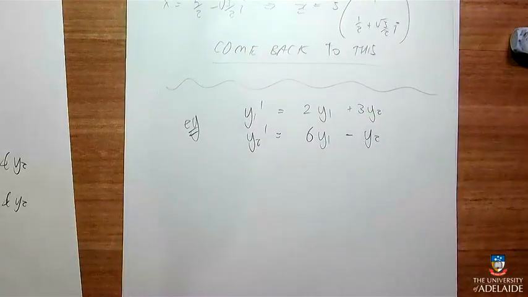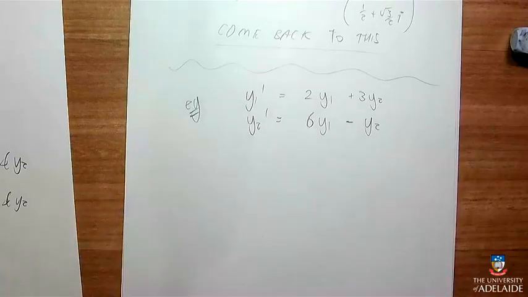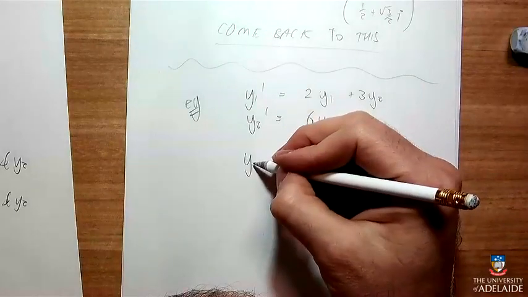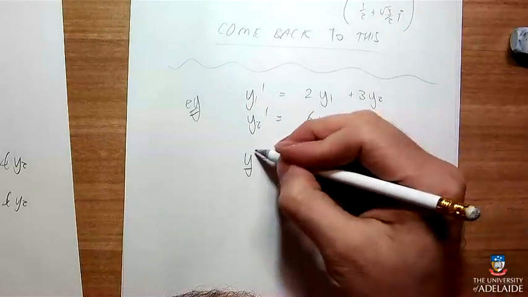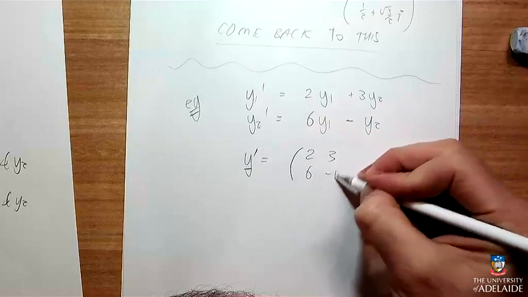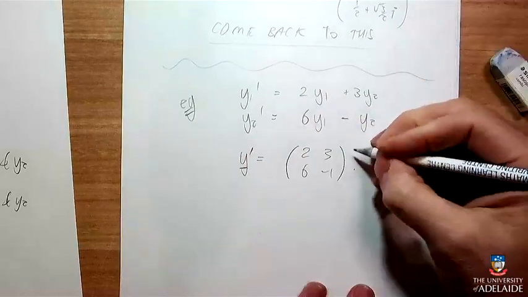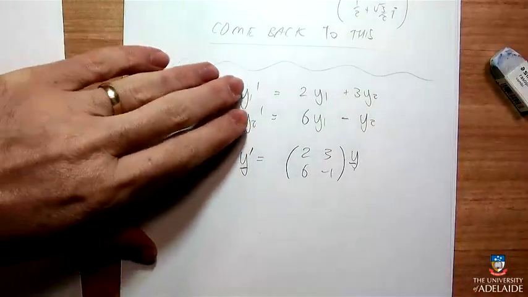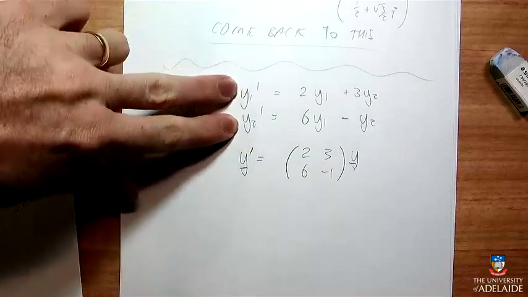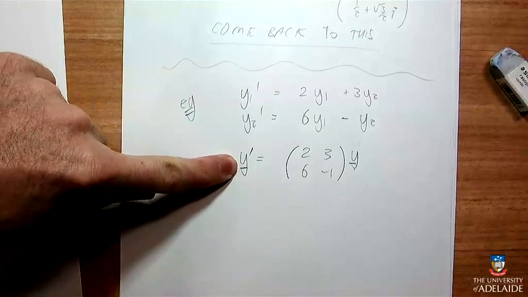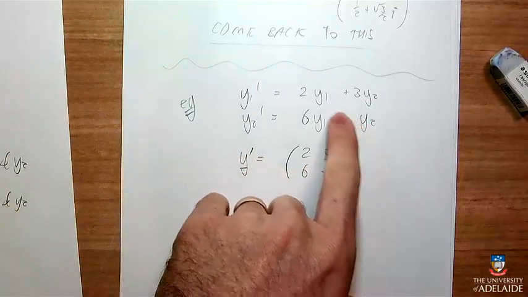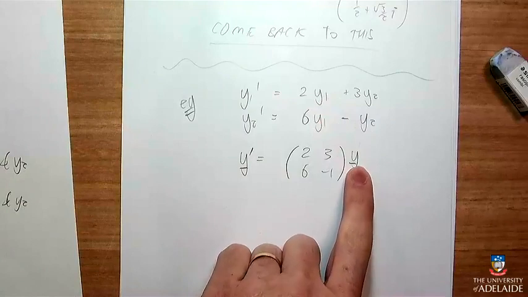Okay. Yes, okay. And the other one should be -4, okay. So let's have a look at this one. The vector that has y1, y2 dash in it is the bold y dash, and the vector that has y1 and y2 in it is this vector y.